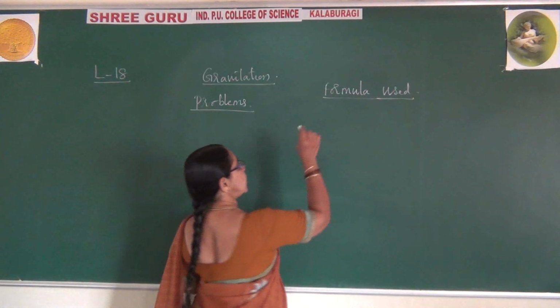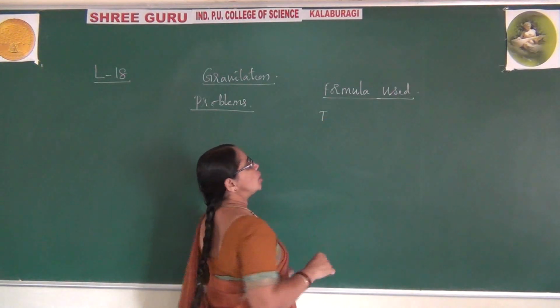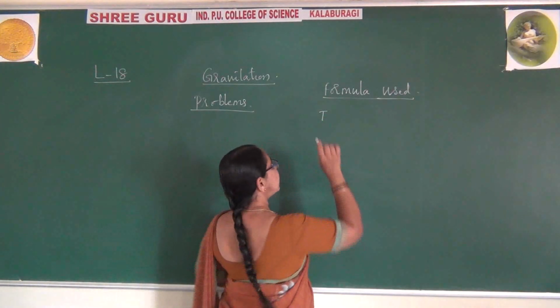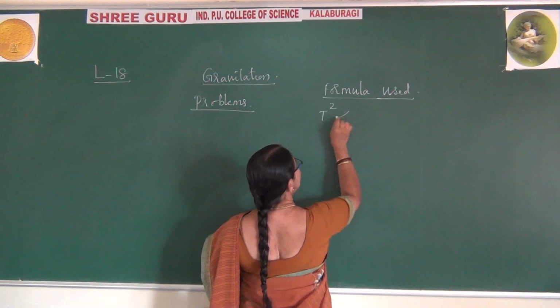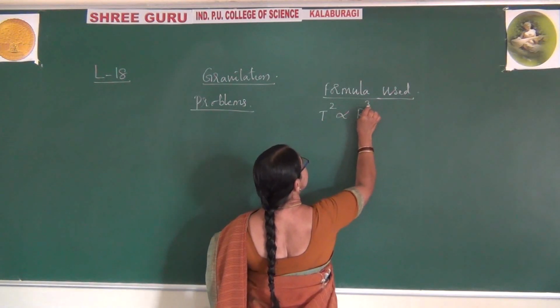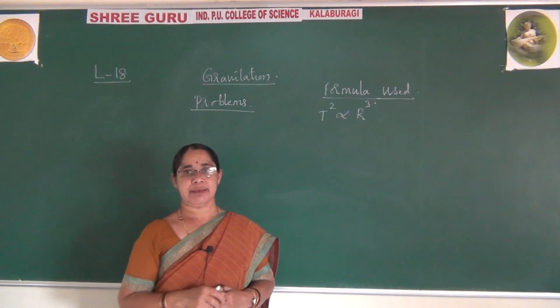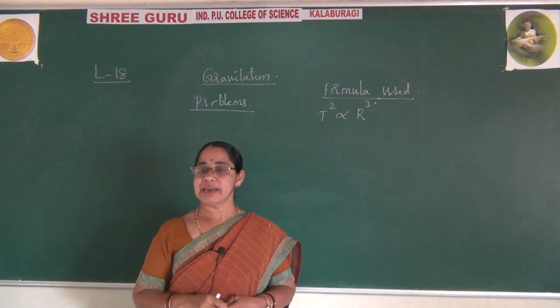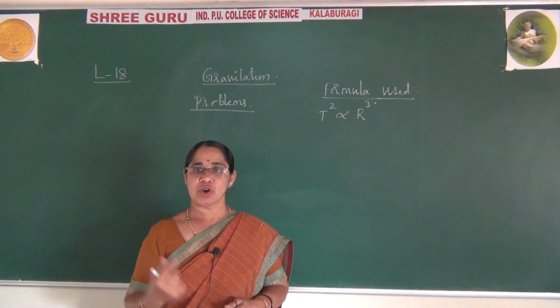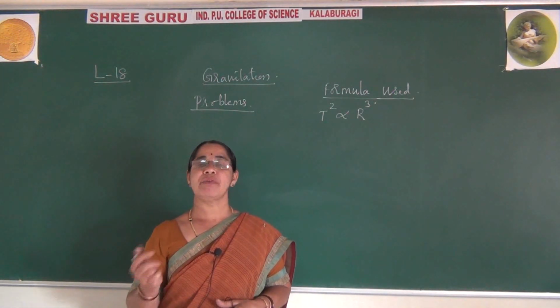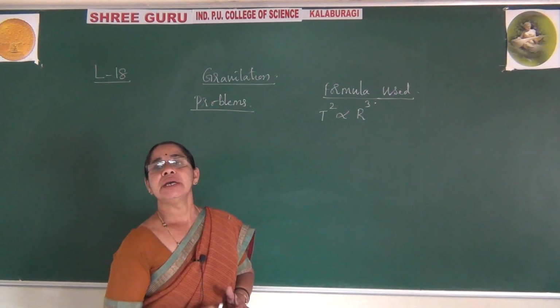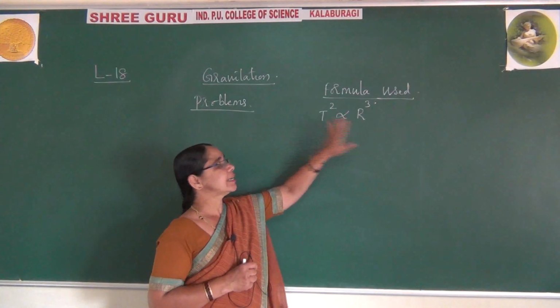Now I just write the formula based on Kepler's third law, where T square is proportional to R cube. What is T? Time period. The time period of one planet, where the square of the time period is always directly proportional to the cube of the semi-major axis.